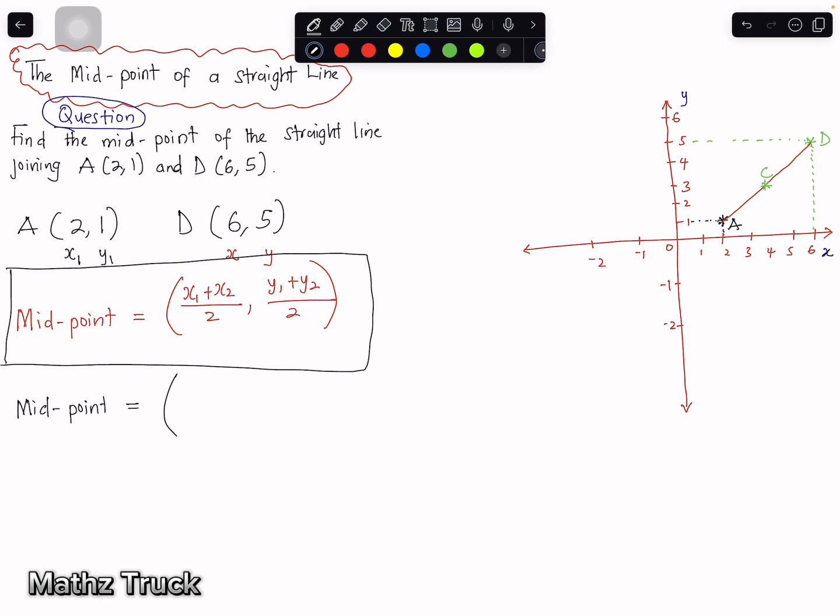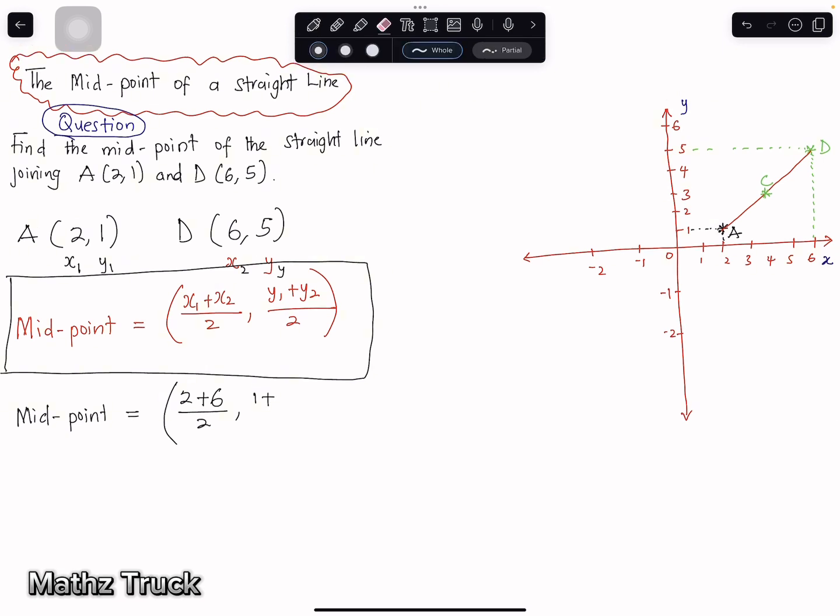Then this is going to be x2, this is going to be y2 for the D. So x1 is going to be 2 plus x2, which is what? 6, divided by 2. y1 is what? 1, plus y2 which is 5, divided by 2.